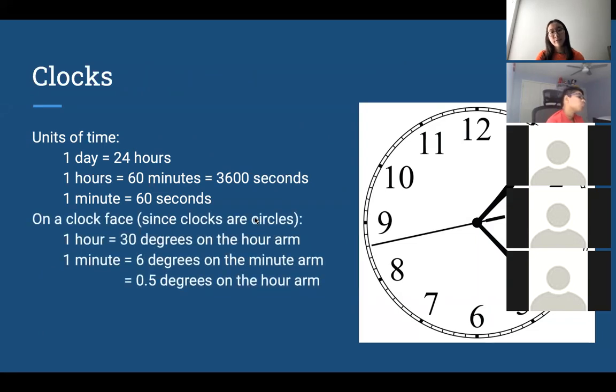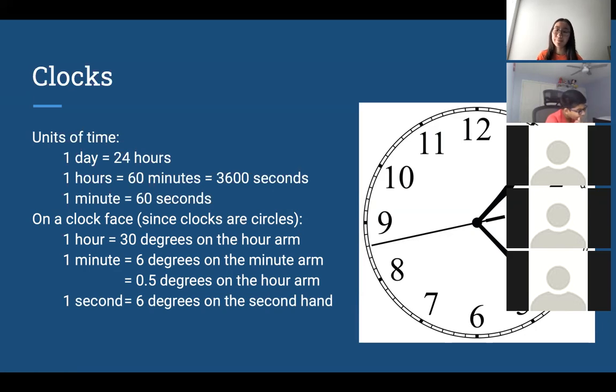On a clock face, since clocks are circles, there are 360 degrees. So 1 hour makes the hour hand travel 30 degrees. 1 minute makes the minute hand travel 6 degrees, and it makes the hour hand travel 0.5 degrees. And during 1 second, the second hand passes 6 degrees.